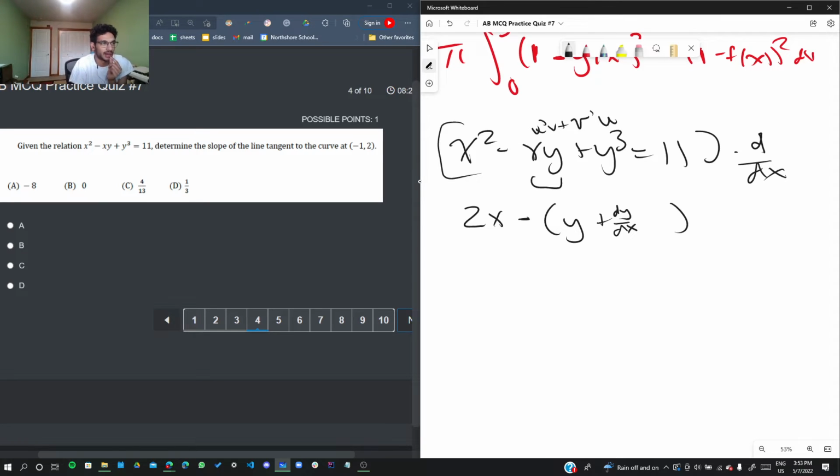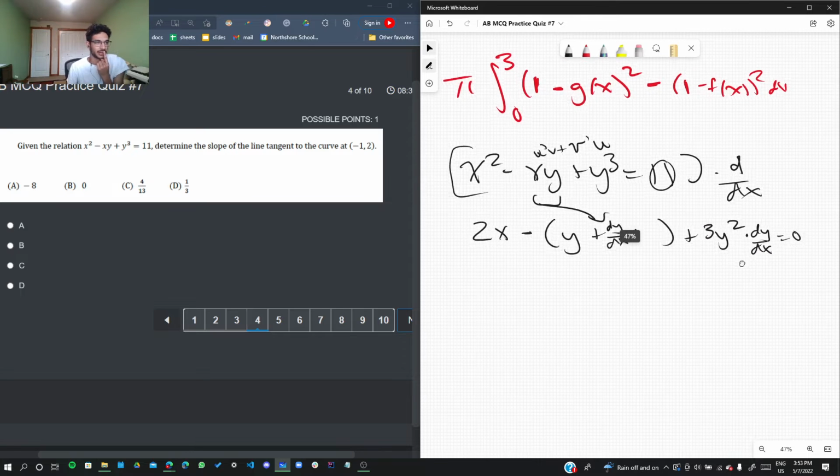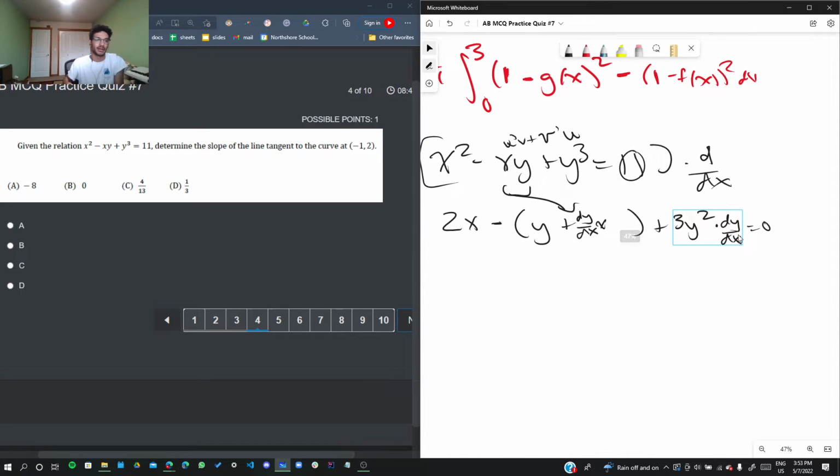Then dy dx multiplied by u, which is just x. So that's just this middle term covered right there. Then plus the derivative of y cubed is 3y squared times dy dx. And the derivative of constants is always 0. The reason why we have the dy dx is that we're taking the derivative with respect to x.